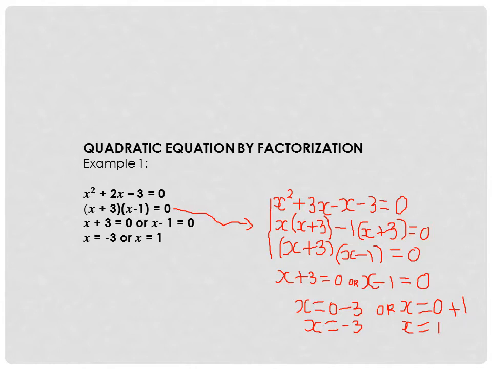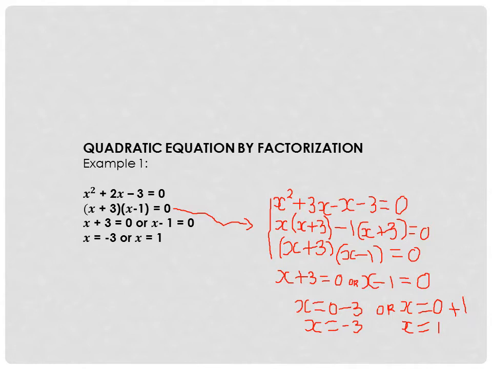I repeat, to solve this quadratic equation, take the number -3. So you have to find two numbers that when you multiply, you are going to have -3. And that same two numbers, when you add or subtract, you have to get +2. That is the number in between.